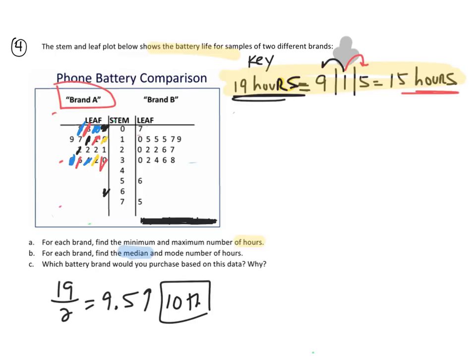And if you keep doing this, it appears that you're going to be left with that same 1, or a median of 21. For brand B, here we have 1, 6, 5, 5, 1, and 1.